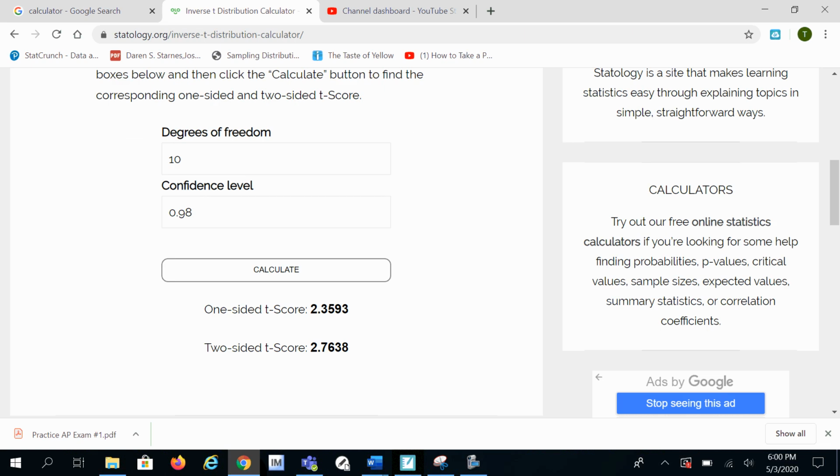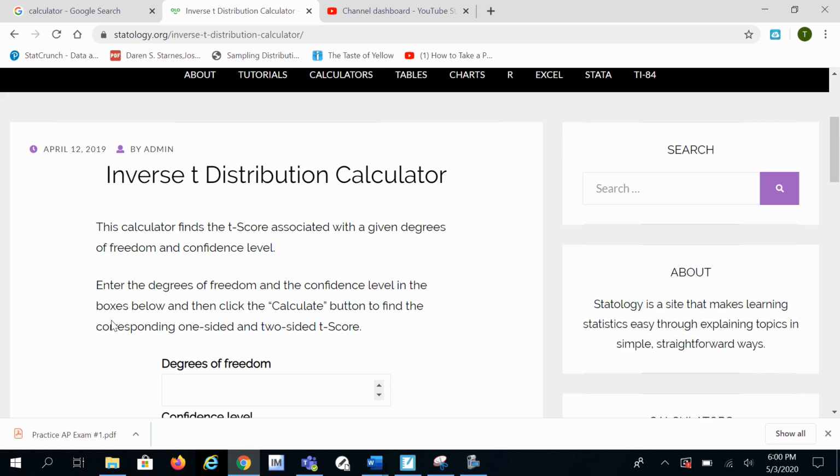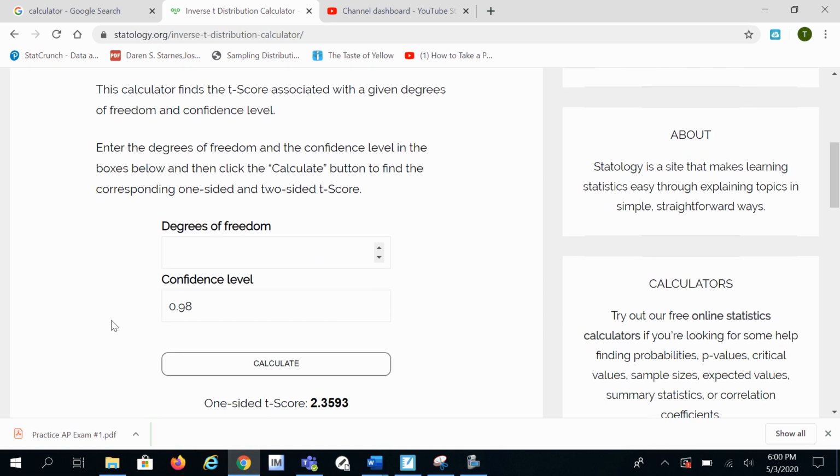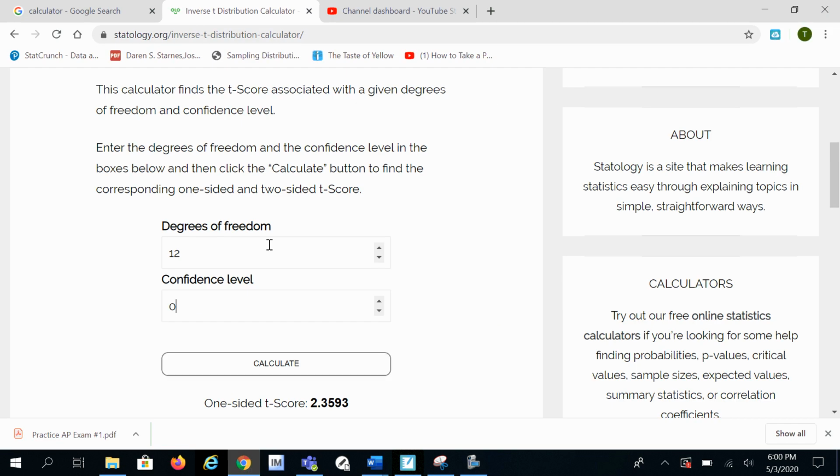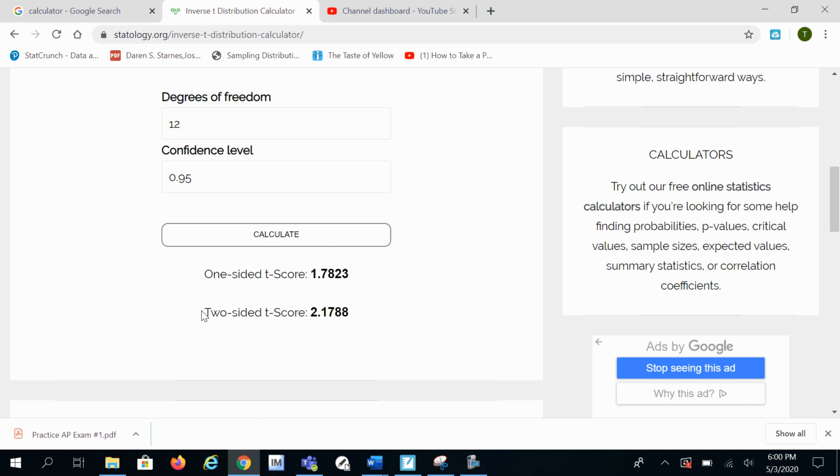This is, I think, the easiest one that I found for you to use. So all you're going to have to do on the site is go to degrees of freedom, which you type in as 12. Remember, 14 minus 2 is 12. Type in your confidence level, which I believe we're doing 95. Yep. Do 0.95, hit calculate. The important thing here is always use the two-sided t-score.